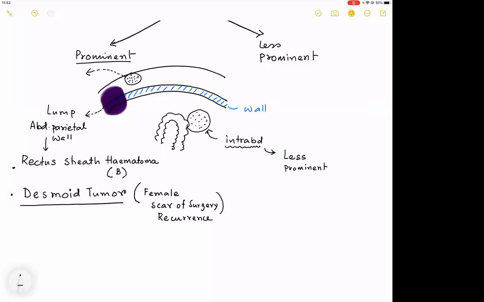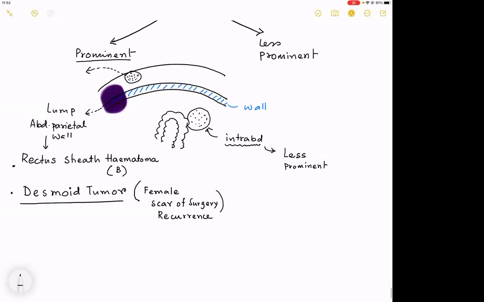The word desmos means hard like a rock. It technically means deposition of fibrous tissue. Desmoplastic reaction is a hard rock-like state due to fibrosis. Okay, so this is about rectus sheath hematoma and desmoid.